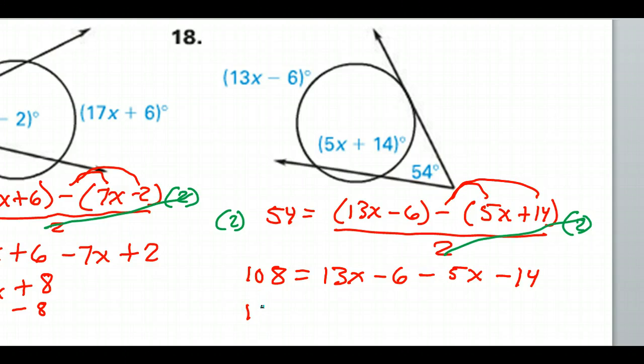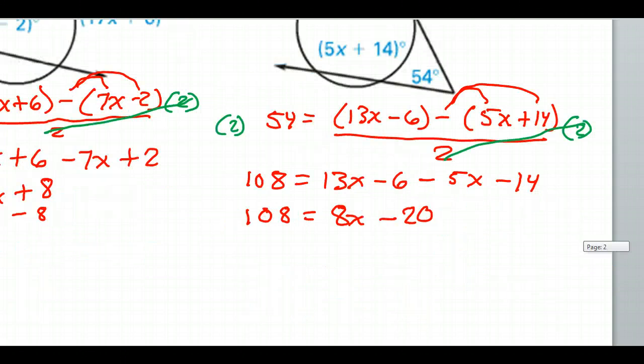So this will be 108. 13 minus 5, that's going to be 8. And negative 6 and negative 14, that's negative 20. So I'm going to go ahead and add 20 to both sides.